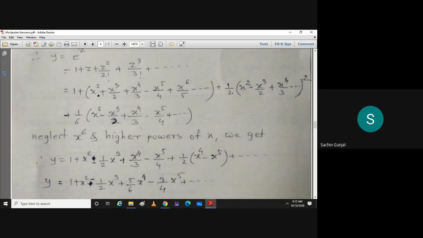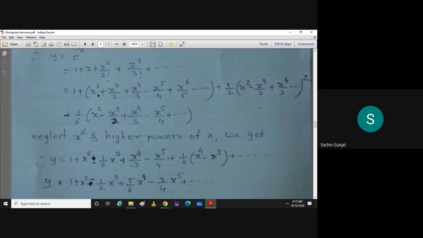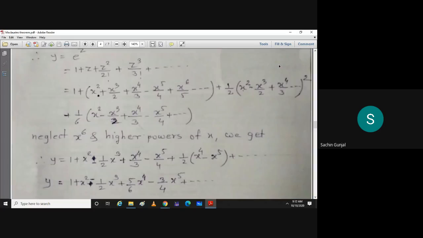For the time being, consider the first two terms, x square minus x cube by 2, in a bracket square. If you square it, x raised to 4, then the second term x raised to 6, minus 2 times ab. Considering the half which is outside, minus half will be the coefficient.